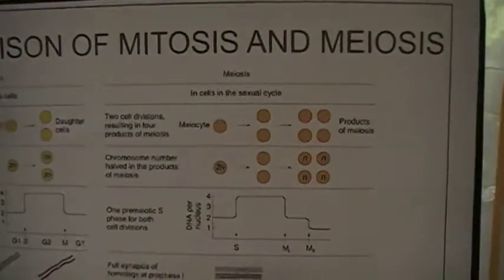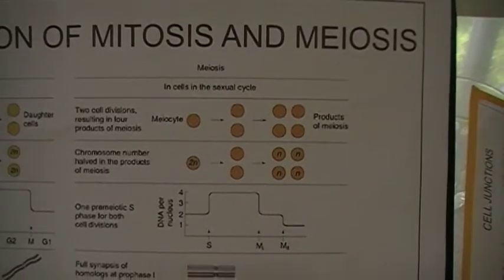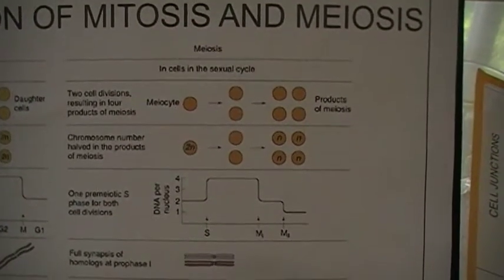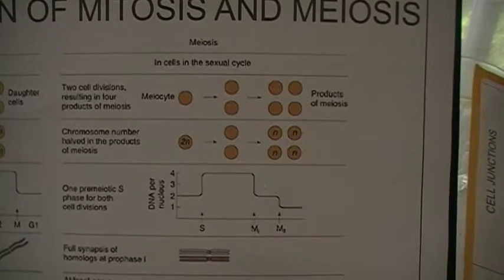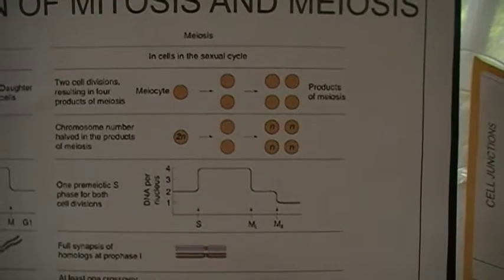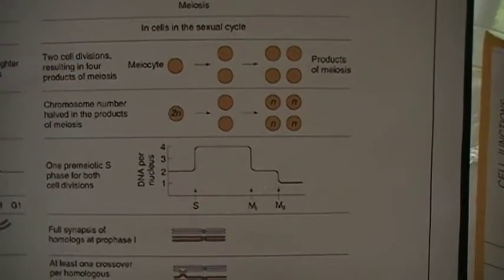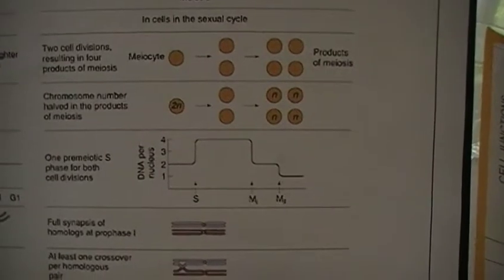How is mitosis and meiosis different? In meiosis, it's just the ovaries and testes that undergo the process, and it's purely for reproduction.